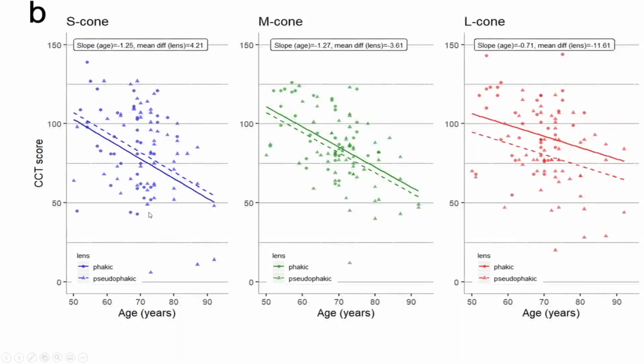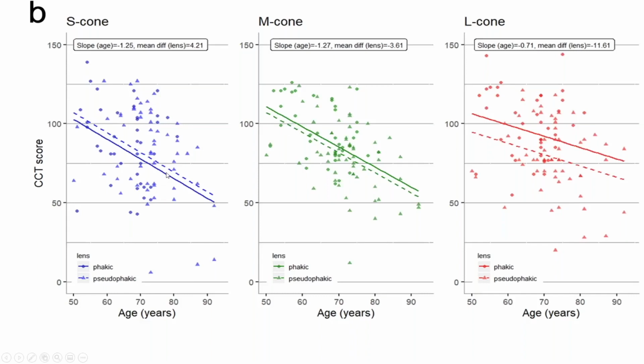We then looked very specifically only at the age range where people might have cataract surgery. And we compared people who were pseudophakic, in other words, they had had cataract surgery, versus people that were phakic, who had not had cataract surgery. And the results were the same in terms of the trend for there to be a reduction in color vision across age.